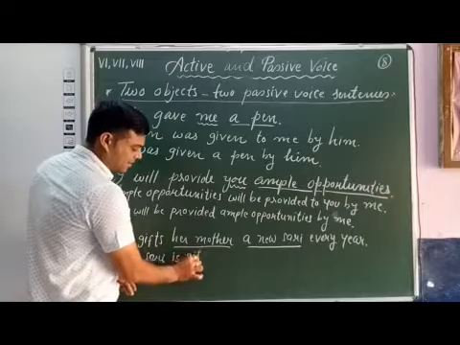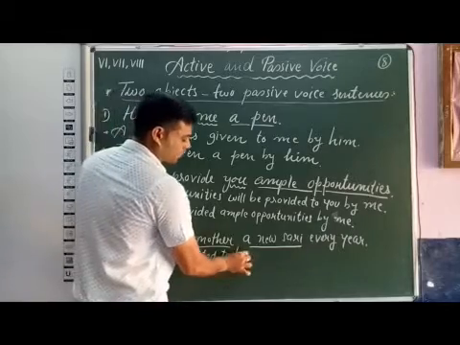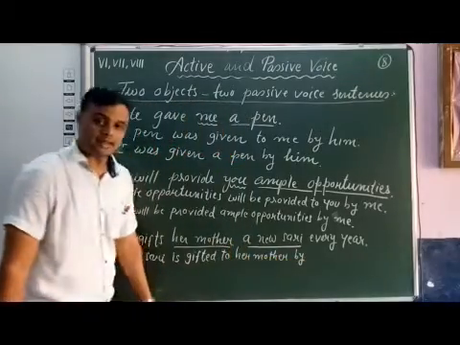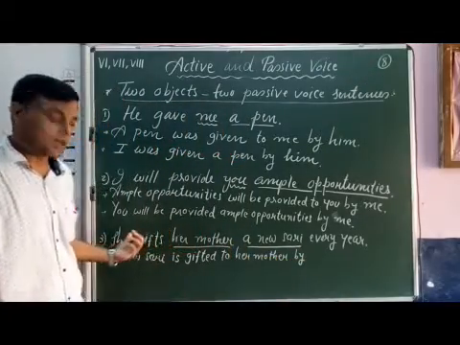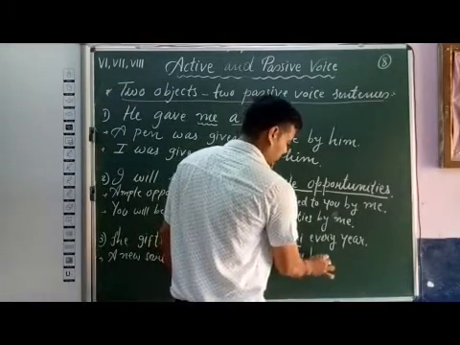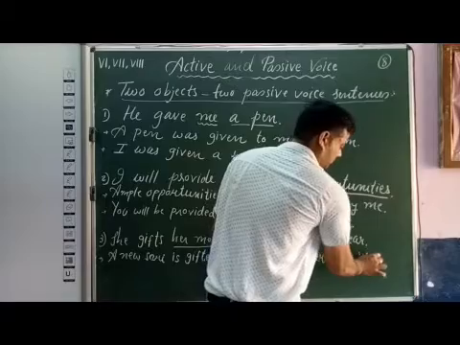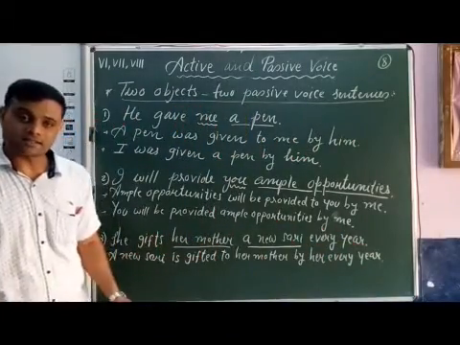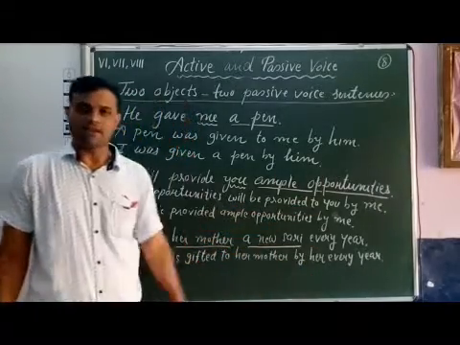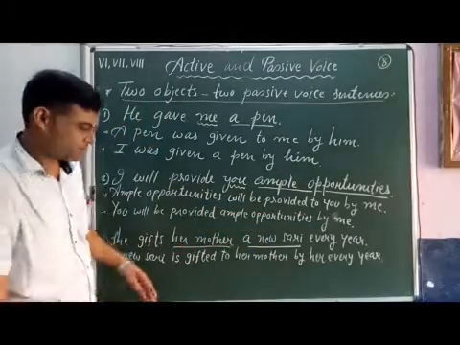A new sari is gifted. Then to whom? Gifted to her mother. Then by, and then subject she. She, it is a subject pronoun, so it turns into object pronoun her. And other words as given in this sentence, so every year. So the passive voice sentence is: a new sari is gifted to her mother by her every year.